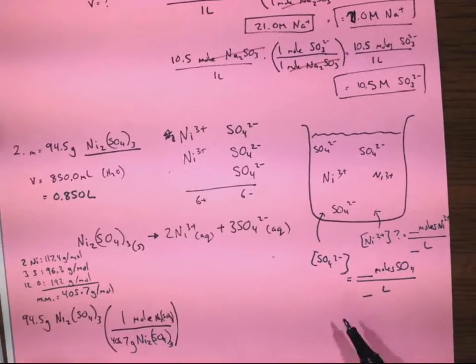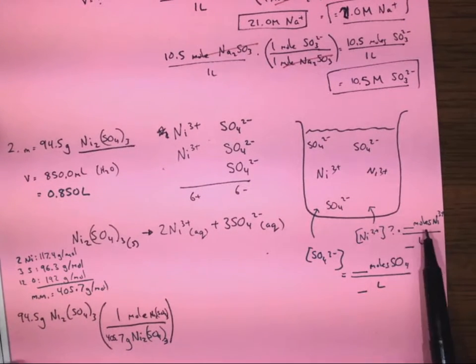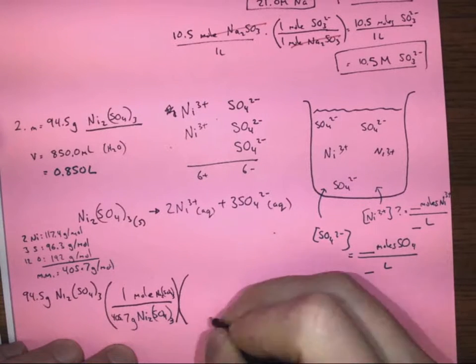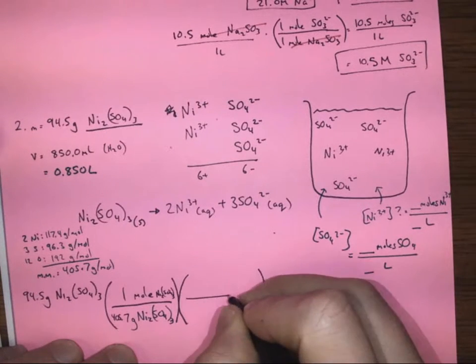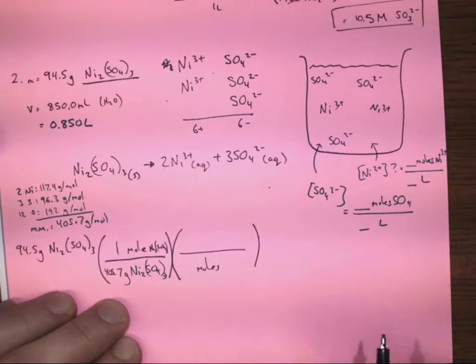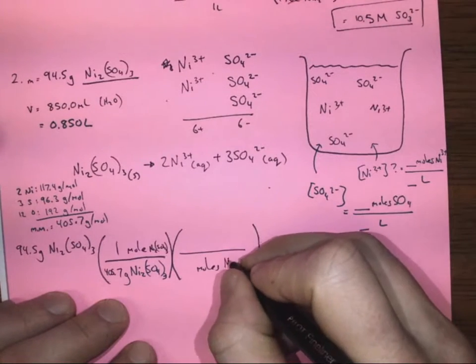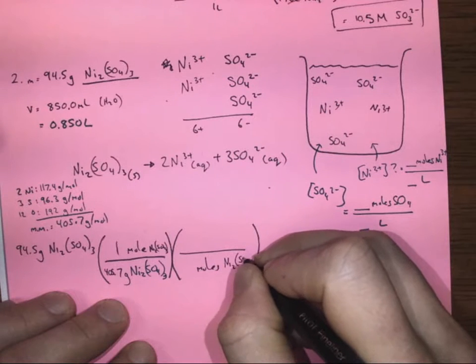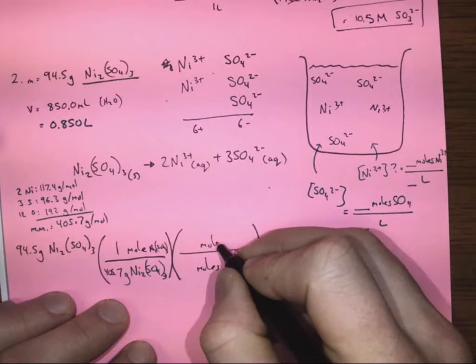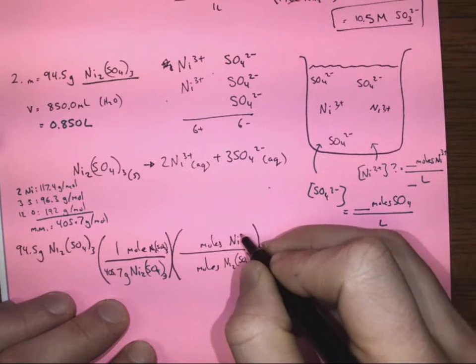However, that's not an answer to the question of how many moles of nickel ions we have. To do that, we need to convert these moles of nickel 3 sulfate into moles of nickel 3 ions.